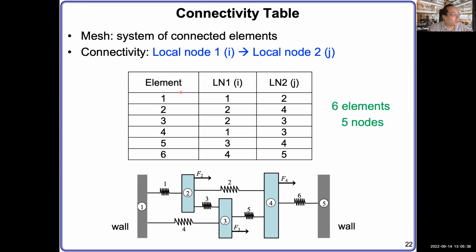Here we only talk about 1D springs, so every spring will have only two nodes, and from left to right, you can fill that into the table. The column means the element node. The row means the element identity, element 1 to element 6 in this case.